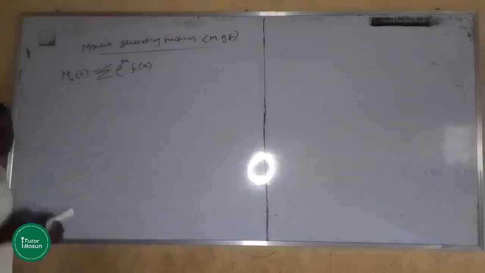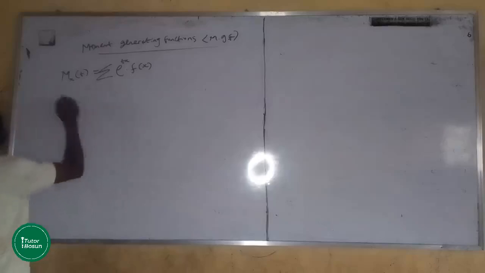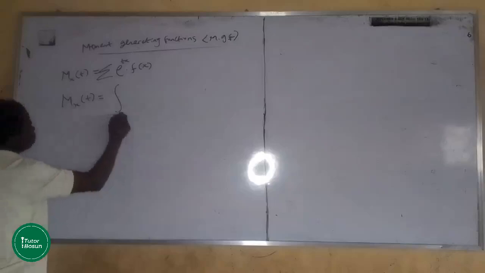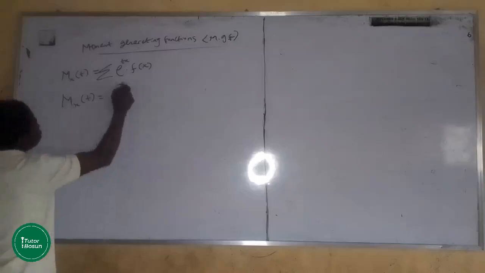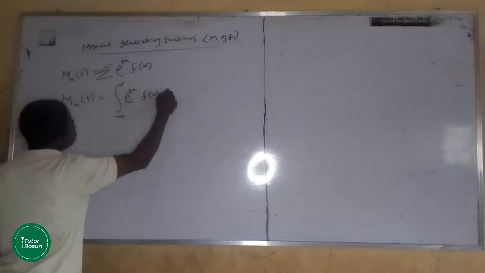For a probability density function, the moment generating function of random variable x, which is a function of t, is equal to the integral from minus infinity to infinity of exponential tx multiplied by f of x dx.